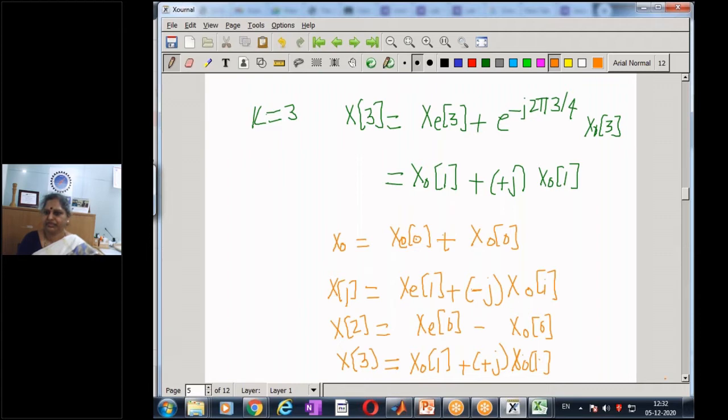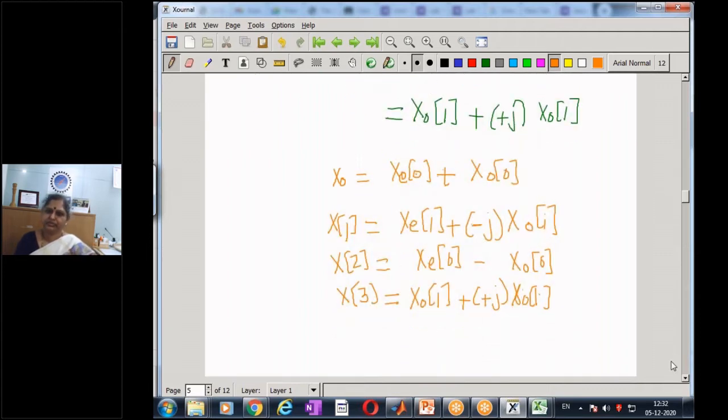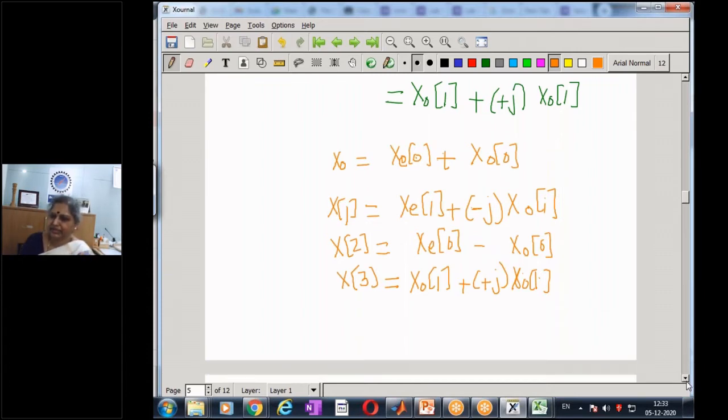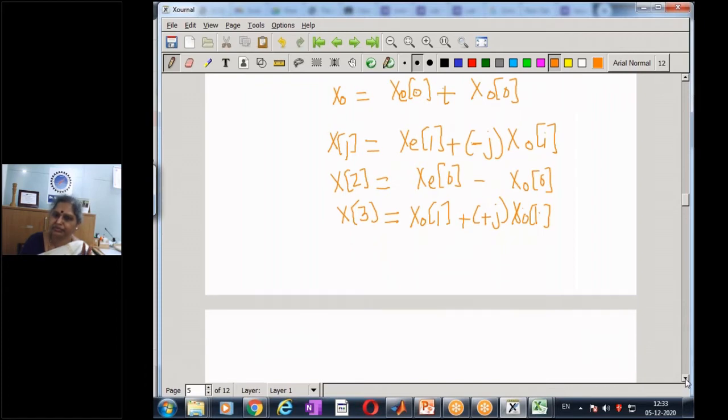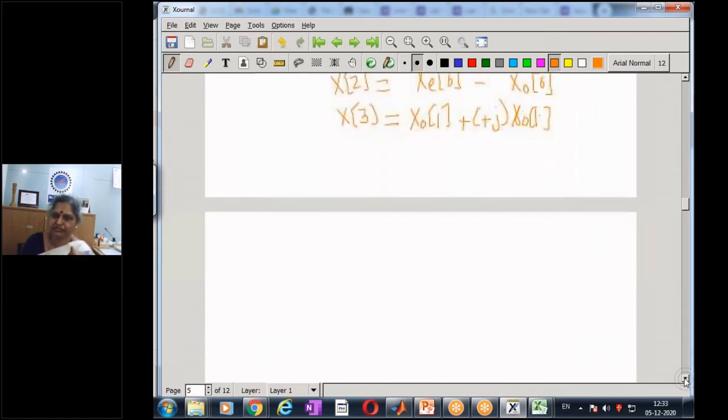So what we have is only two terms each, xe of 0, xe of 1, and x odd of 0 and x odd of 1, and from this I am able to get my 4-point DFT. Though this is easy to remember, it becomes convenient to represent in a graphical form.